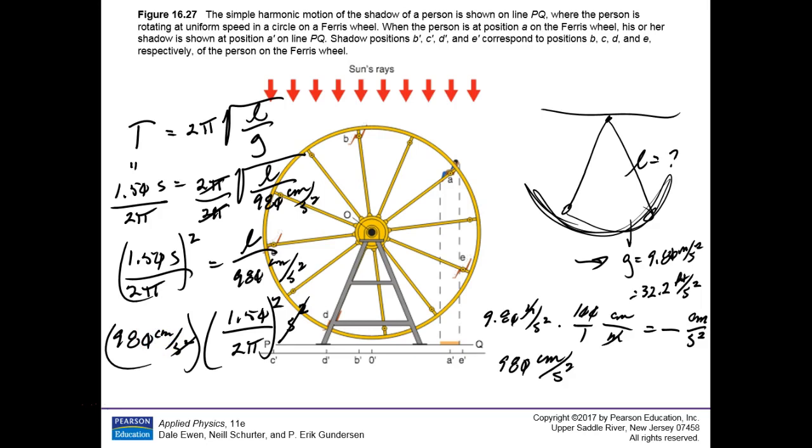So, if you do that, 980 times 1.5 squared divided by 4, I can already square it too, divide that by pi squared. Pi squared is something fairly close to 10, but not exact. But anyway, just do the division and see what number you get.